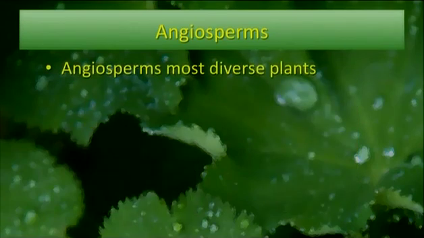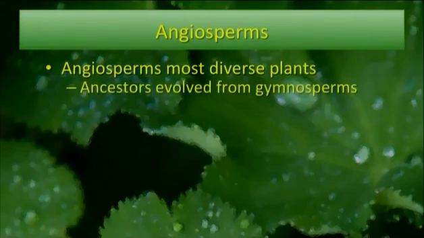And the angiosperms are the most diverse of plants in the kingdom Plantae. Of course, the ancestors of angiosperms evolved from gymnosperms that are now extinct. And flowers evolved. Why did flowers evolve?